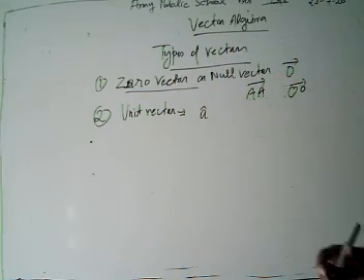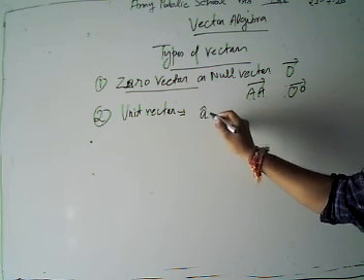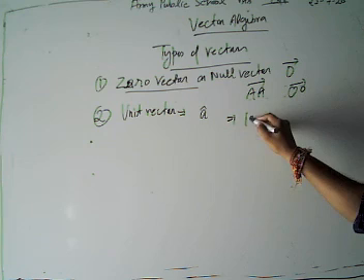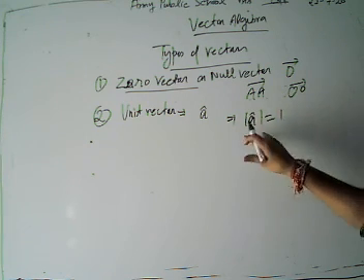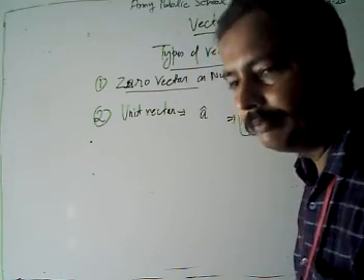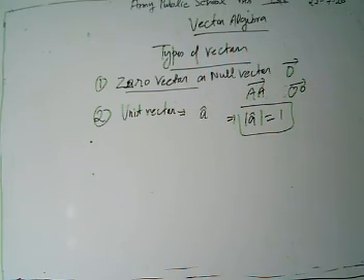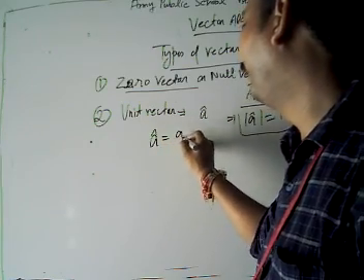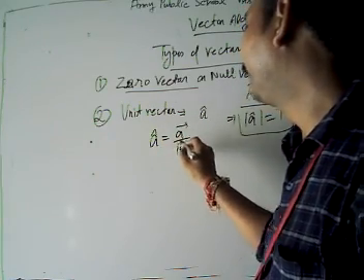It's denoted by A cap, which means the magnitude of A cap is 1. The vector whose magnitude is 1 is known as a unit vector. How can we calculate the unit vector for any vector A? A cap is given by vector A divided by its magnitude.